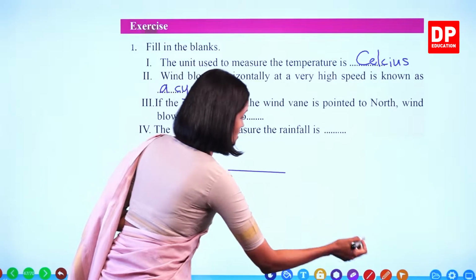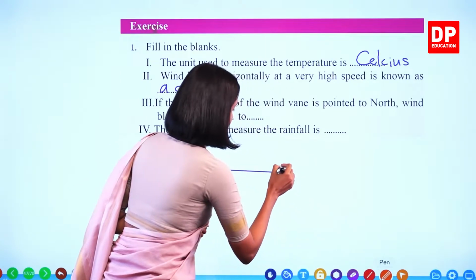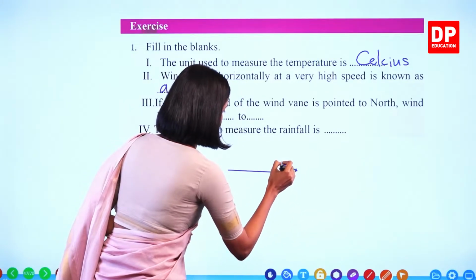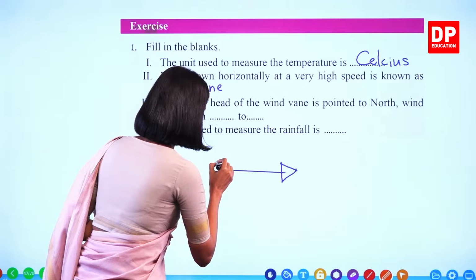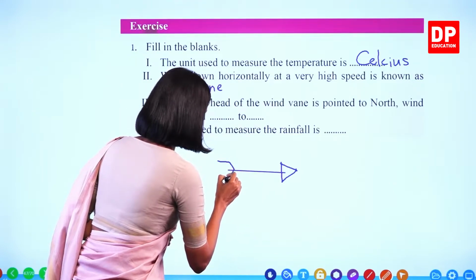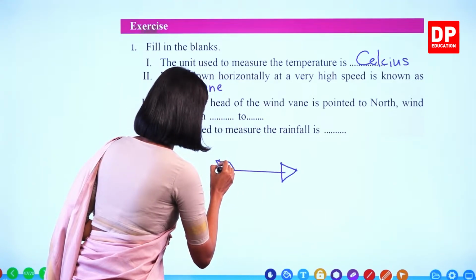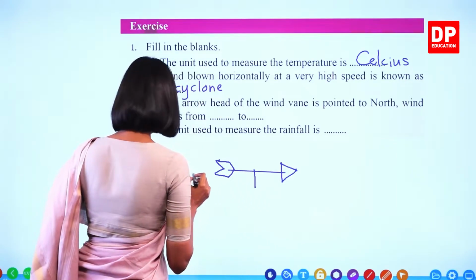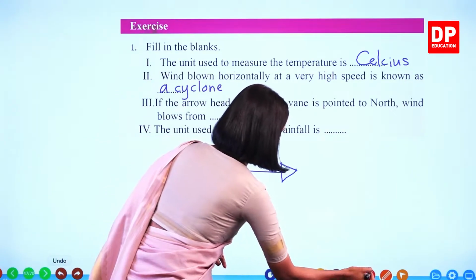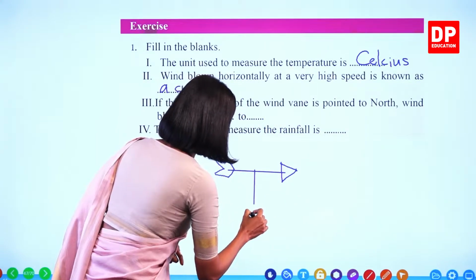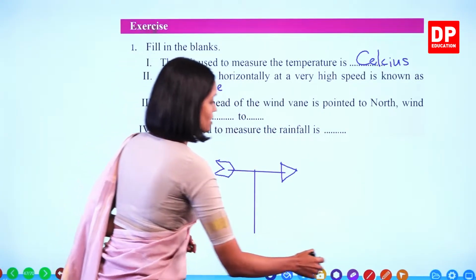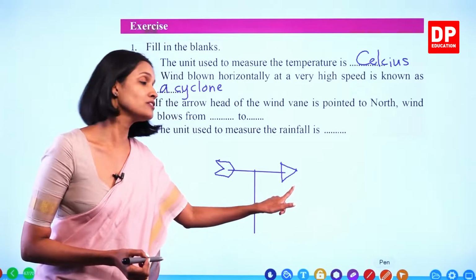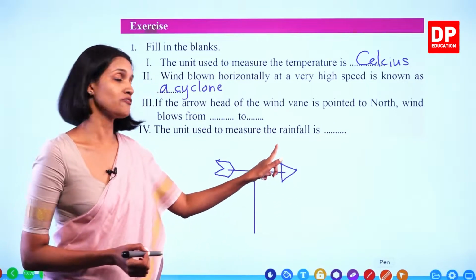We used a drinking straw like this, and we made an arrowhead using cardboard and the back of the arrow as well, like this. Okay, and we balanced it on a piece of clay using a pencil. We simply draw like this. So what happens? We use the arrowhead of the wind vane to find out the direction of the wind.